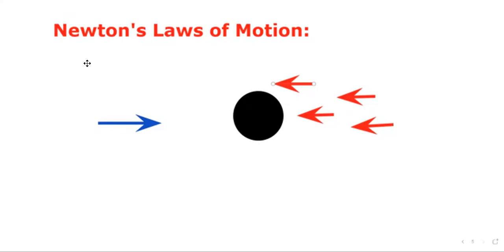According to Newton, if you apply some force on a football or any object, it will start moving in a particular direction, and if there would be no external force to stop its motion, it will continue its motion in the same direction.